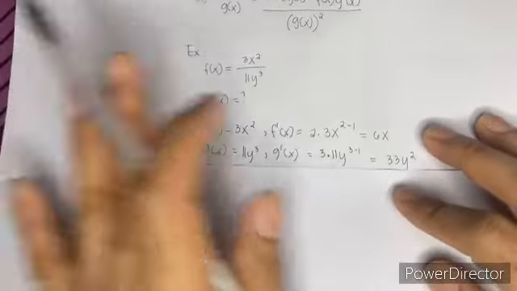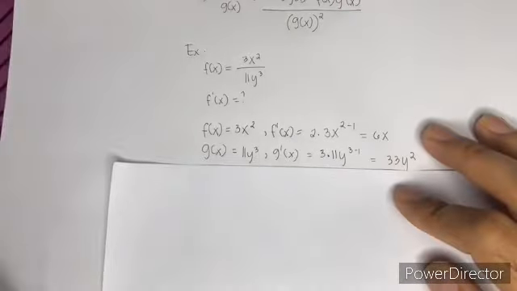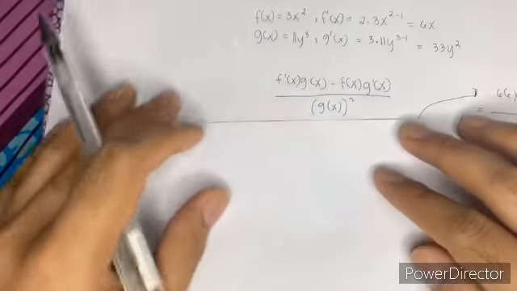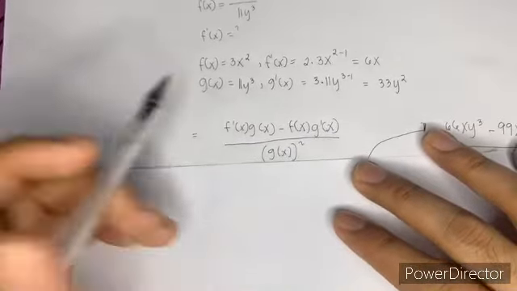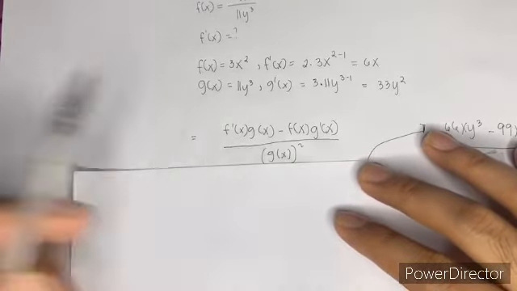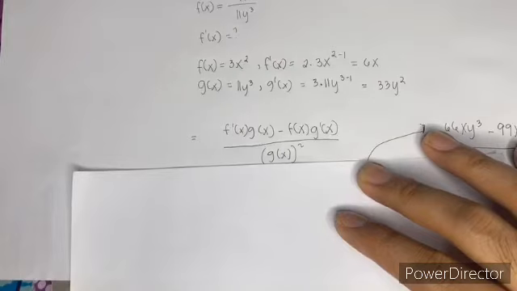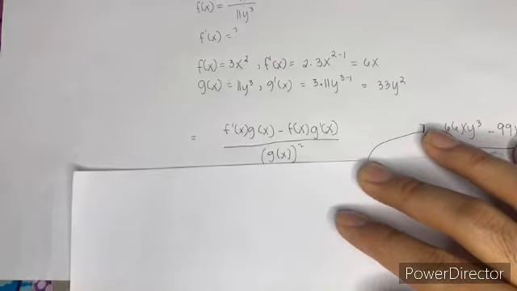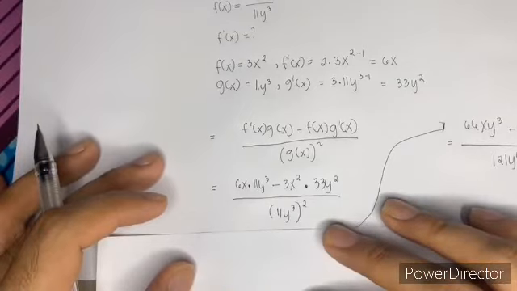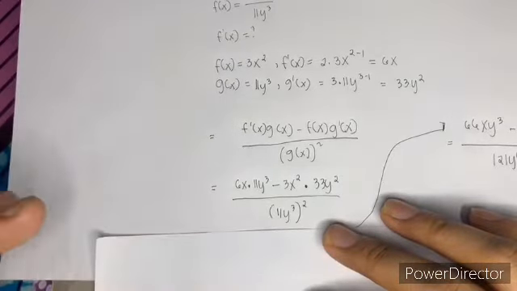So now, we have their values. So let's substitute into our given formula. This is our formula, f prime of x times g of x minus f of x times g prime of x over g of x raised to the power of 2. So here we go, we substitute our given values into the formula.